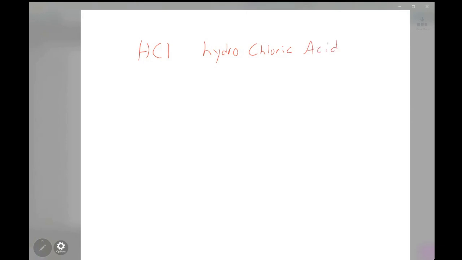So that's hydrochloric acid. That's the only structure that these have. So first write the word hydro, then write the name of your anion, change the ending to ic, then write the word acid. That's all you need to know for naming binary acids. Every one of them works exactly the same way.